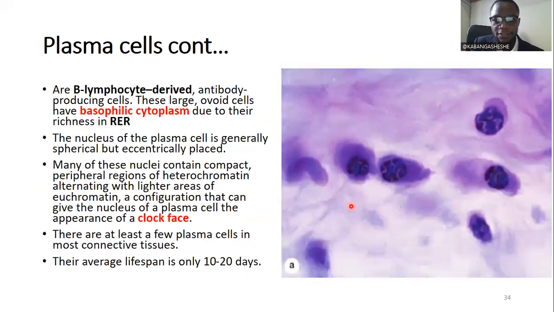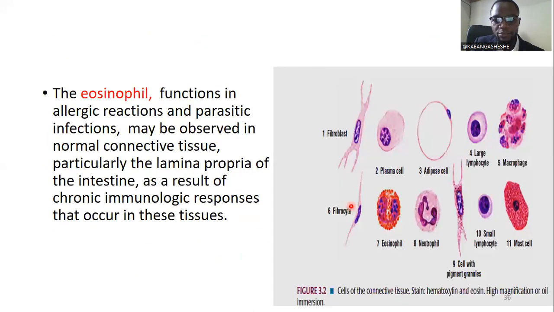The difference is when a B lymphocyte is activated by presence of infection, it undergoes some change. It hypertrophies, it increases in size to become a plasma cell. So a plasma cell is simply an activated B lymphocyte.